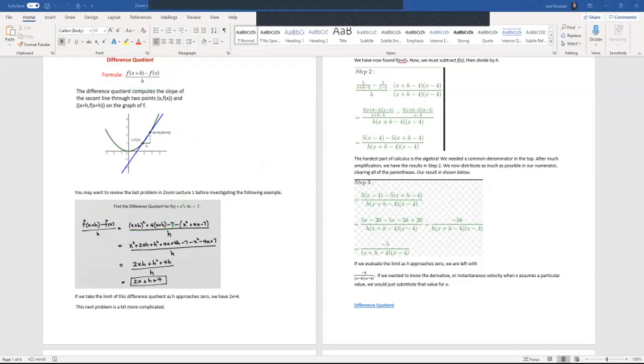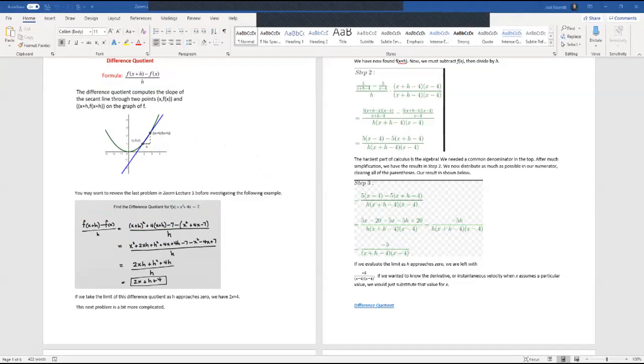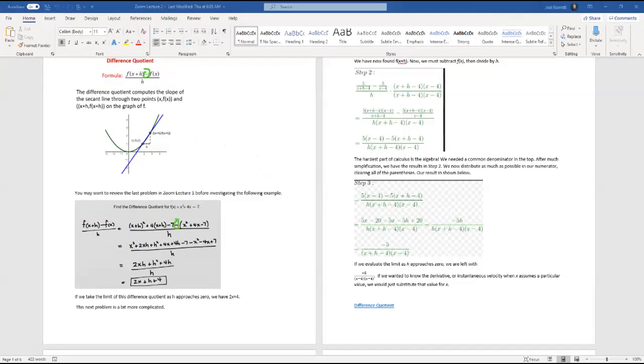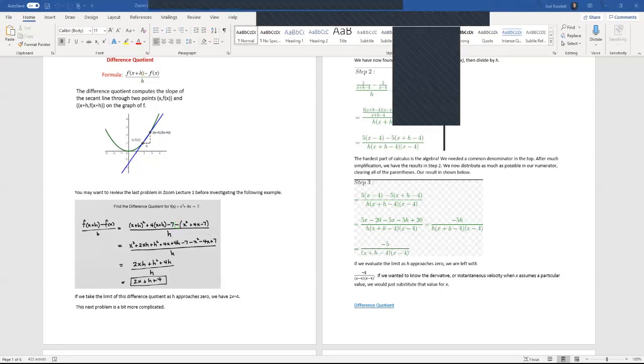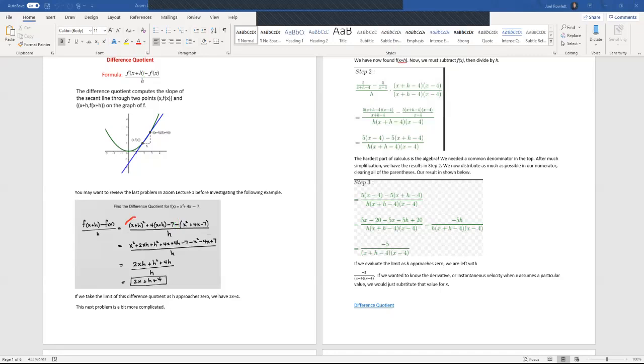Now, if you go back to the difference quotient formula, we have to subtract f of x. That's why they have the subtraction symbol here. And of course, f of x is x squared plus 4x minus 7. So here they simply subtracted f of x. So the entire top line here is f of x plus h minus f of x.